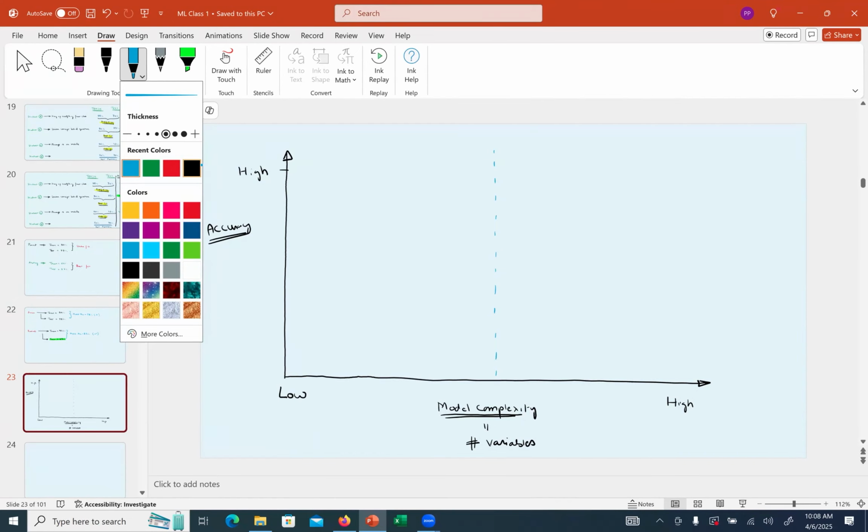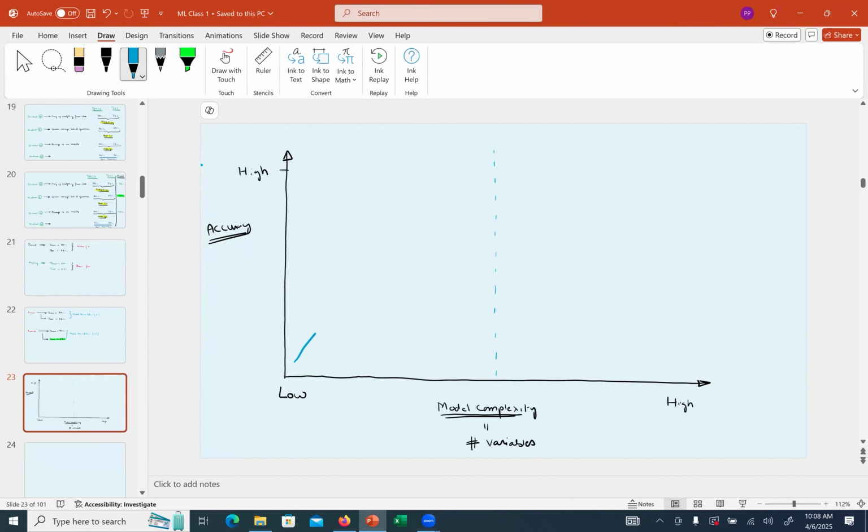Then I started adding more and more variables, and the accuracy will keep going up. This is what my train data accuracy is in general.